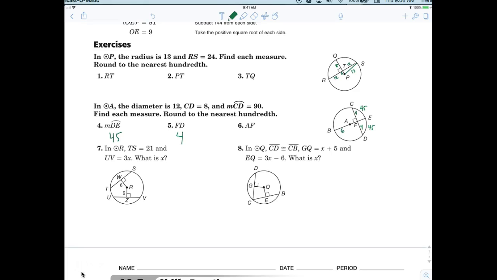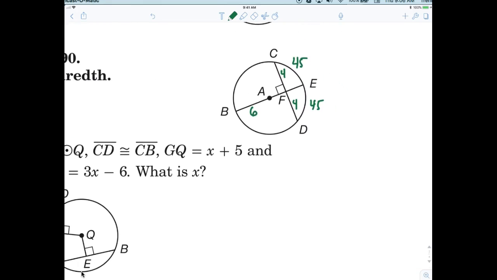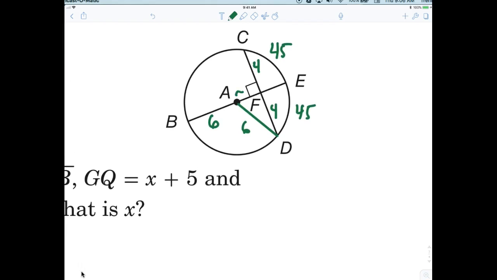Now we want from A to F. Now again, the reason why that's hard is because you didn't draw in the radius. And that radius is how much? 6. So you should say this right here is 36 minus 16, which is 20. Square root of 20 is 2 radical 5.